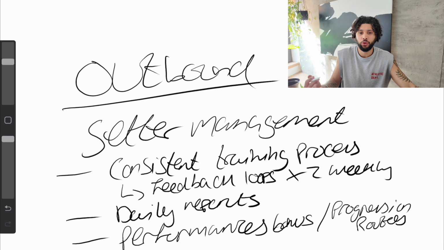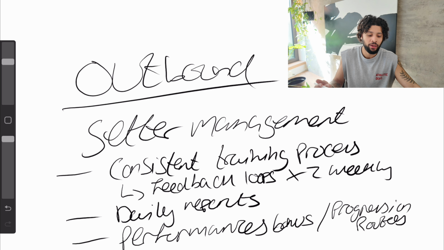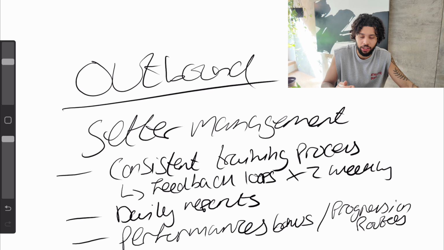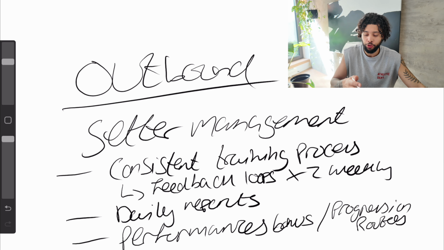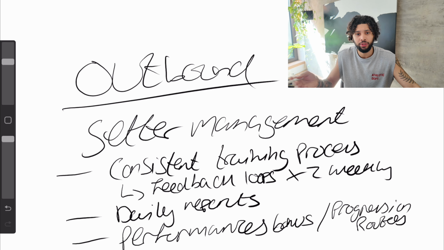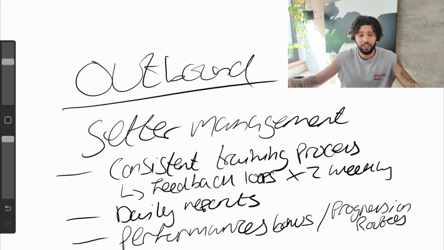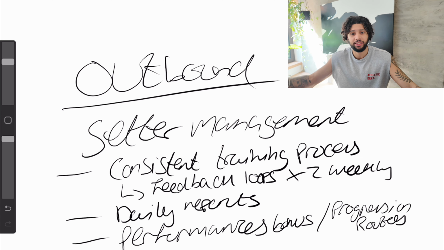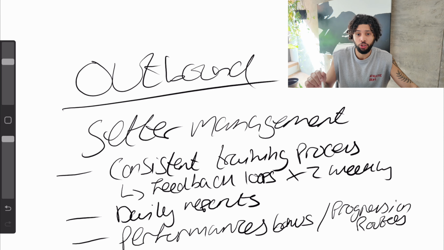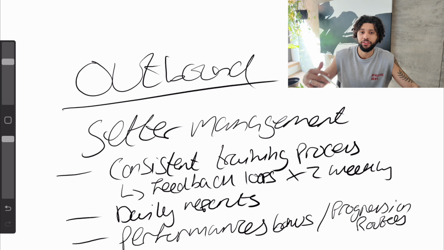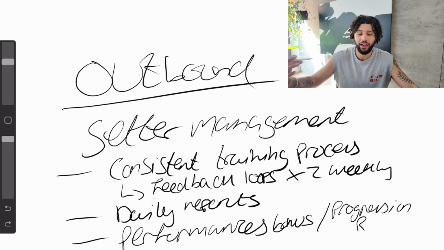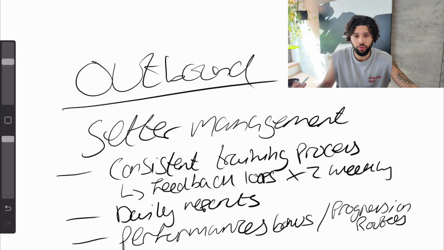You don't want them to feel like they're going to be a DM setter forever. They might be an incredible DM setter, but might want to become a phone setter. You need to be able to provide them with a route that enables them to get there. So it could be, well, hit target, hit this amount in cash collected, bring in this many meetings, and then you can step up. Whatever you want to run, you want to provide a progression route so the setter feels like there's more that they can do, and it enables them to want to be involved in your company.